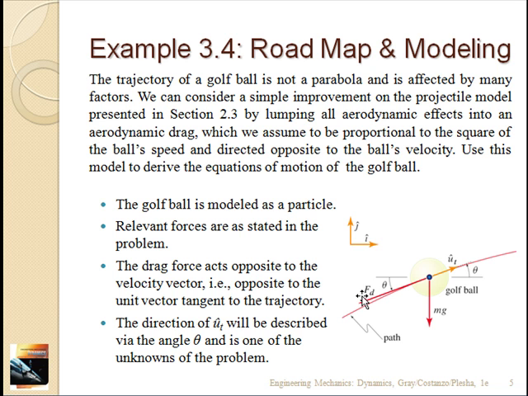So whichever direction the ball is traveling, the drag force acts in the opposite direction. So its direction will change as the ball's direction changes. So we use theta to denote the angle of the trajectory relative to the horizontal, and that's determined by the xy components of the velocity.